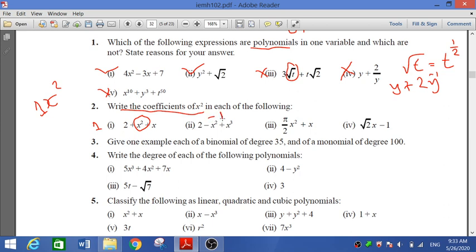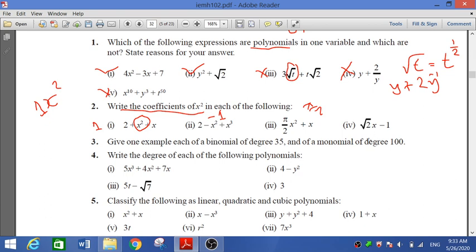So minus 1 is the coefficient of x square. Here pi by 2. Pi by 2 is the answer, because we write the coefficient of x square.